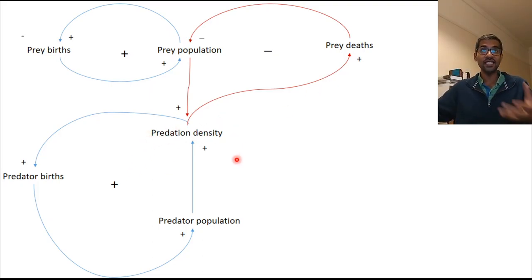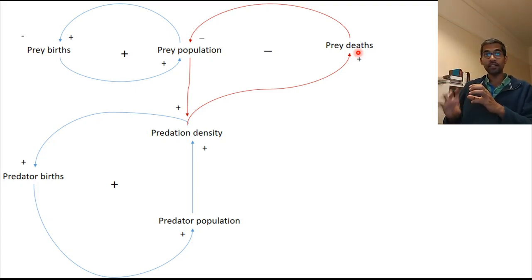Take any part of the loop. Let's say for some reason prey deaths increase. What is going to happen to the prey population? It is going to decrease, and because the prey population decreases, the predation density is going to decrease. And because the predation density decreases, the prey deaths are going to decrease.